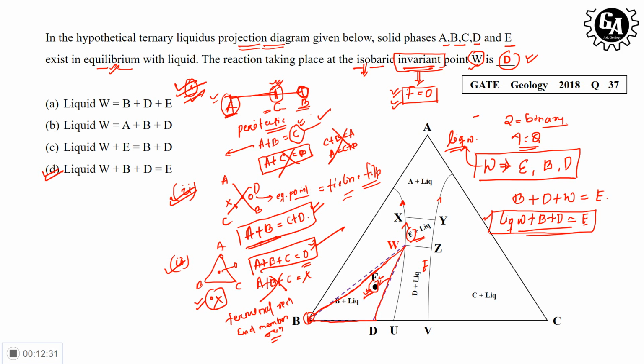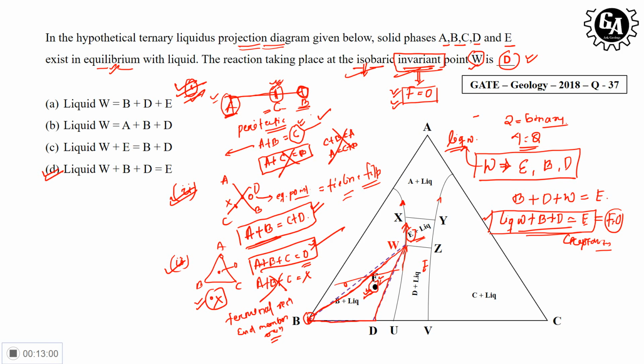And if it is crystallization, the bulk composition is moving to this point, then it is going further. Then at this point the degree of freedom is equal to 0. That's why it is saying this is an isothermal invariant point at W. So at that particular point W, the equilibrium reaction will continue for some time.